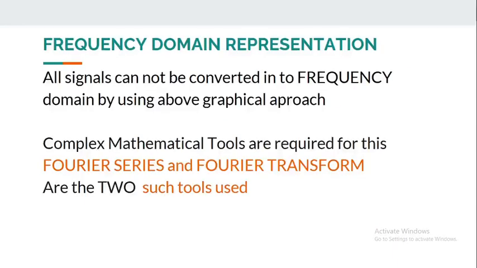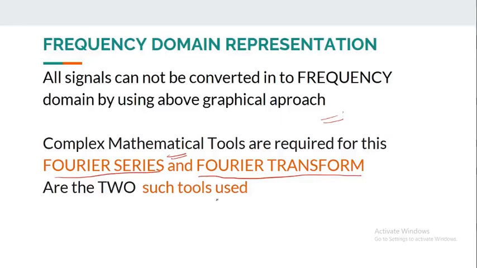Now, all signals cannot be converted into the frequency domain by using the above graphical approach. As we have discussed, by drawing wave shapes and adding them instantaneously, we cannot find the frequency domain for all signals. So there are some complex mathematical tools, and those tools are Fourier series and Fourier transform.